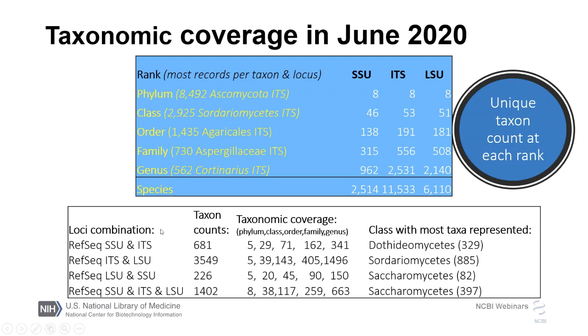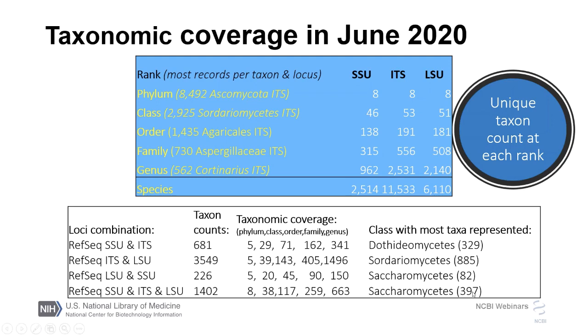Also, in terms of phylogenetic analysis, a lot of times people want to use combinations of genes. And the table at the bottom of this slide shows you what we have for a particular taxon. So for example, the last line are the ones that we have everything for, where we have the small subunit, the ITS, and the large subunit. And that's 1,402 taxa that have that.